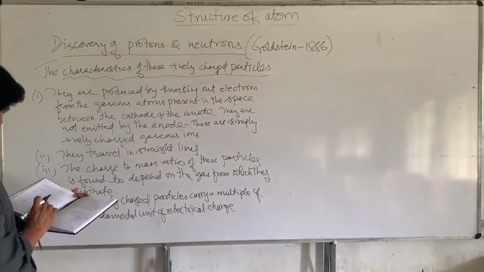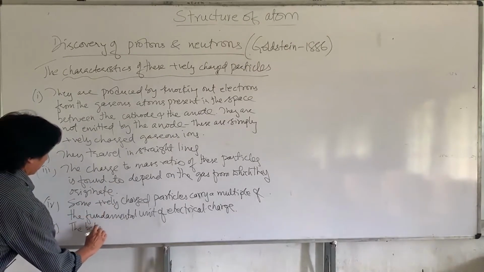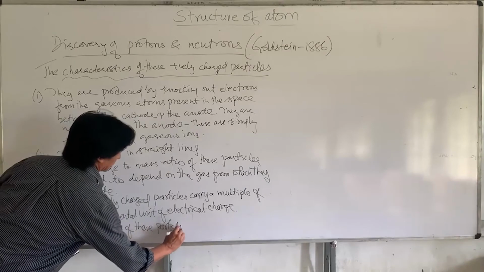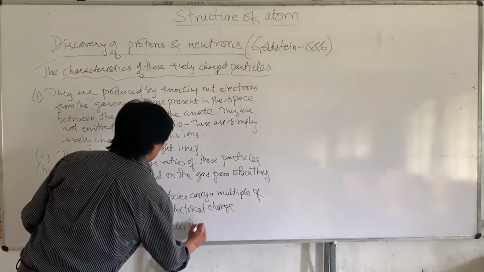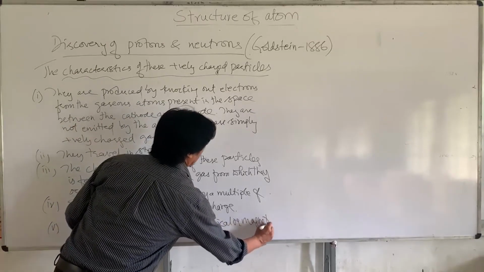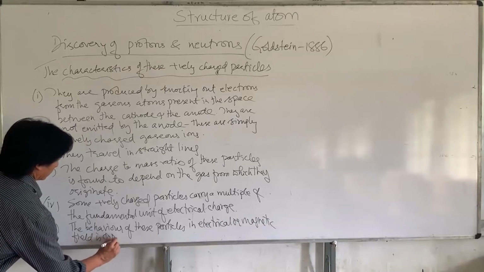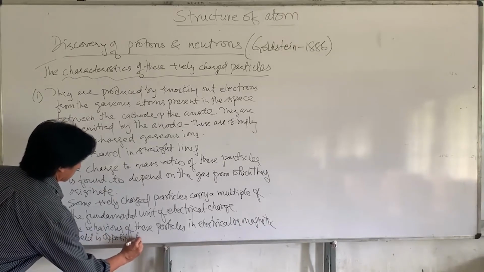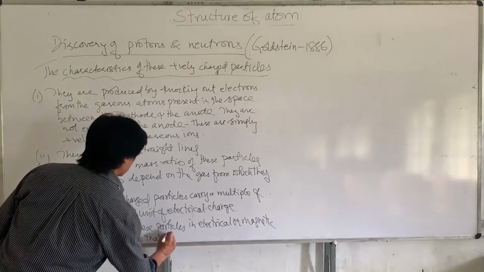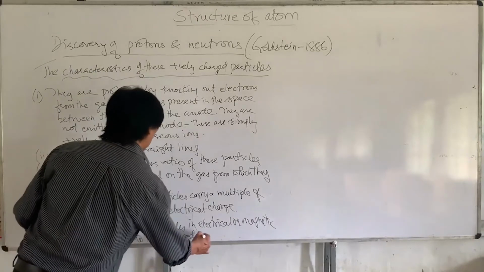Now the fifth one is that the behavior of these particles in electrical or magnetic field is opposite to that observed in cathode rays.